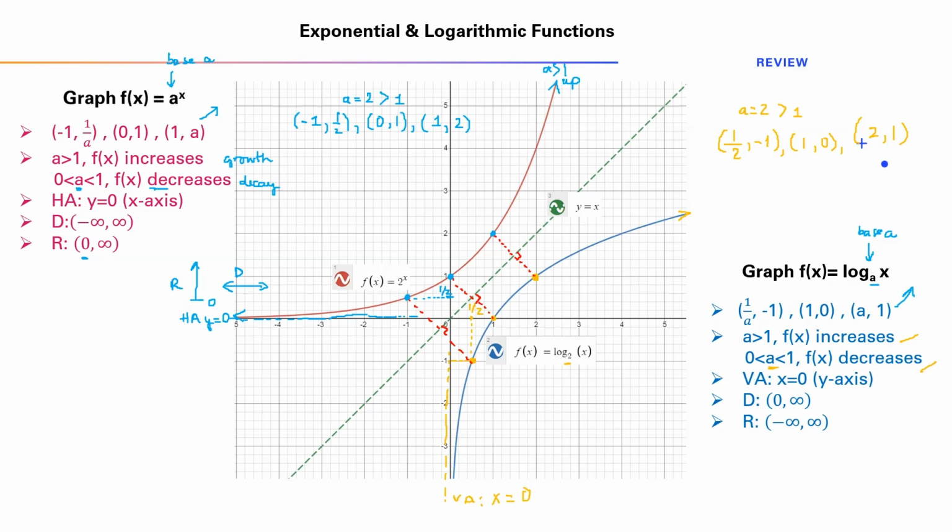The domain starts from 0 and goes to the right all the way, so it's 0 to infinity. For the range, it goes down deeply and then goes up, so it's not restricted. The range is from negative infinity to infinity.